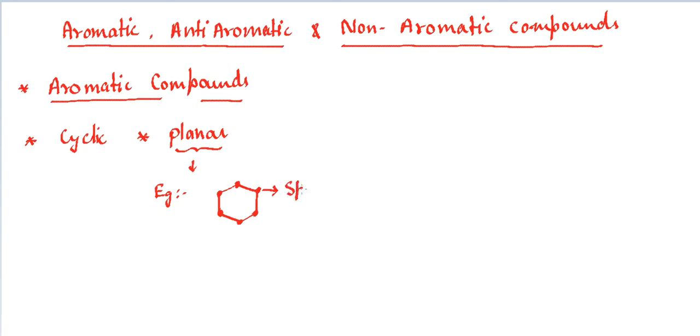If the hybridization comes out to be sp2 or sp, then that means this molecule will be planar. That is, if the hybridization for all these junction atoms comes out to be sp2 or sp, then the molecule is planar. For example, in case of benzene, each of these junction elements is carbon and has sp2 hybridization, which means the molecule is planar.